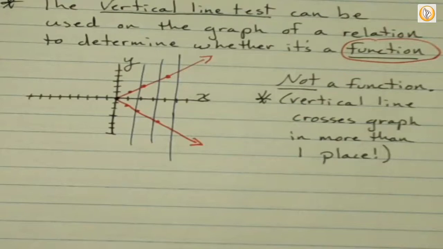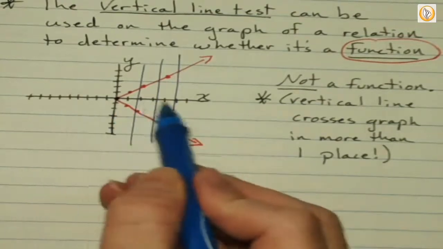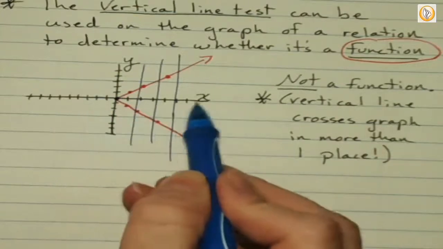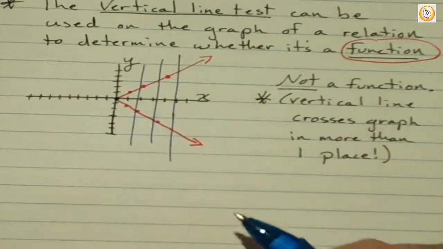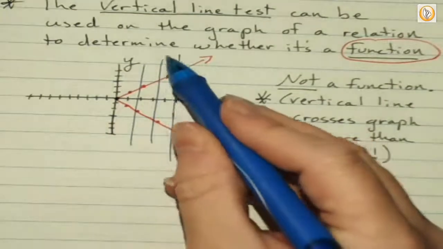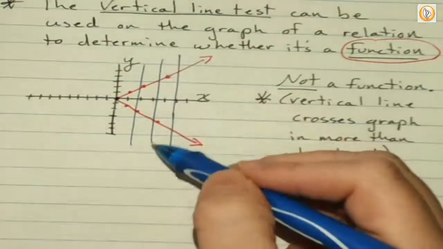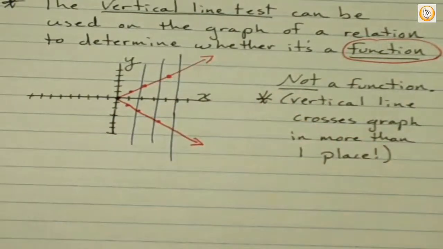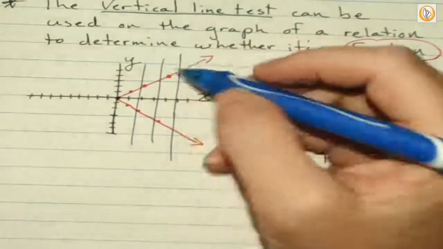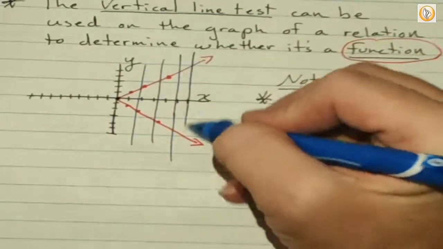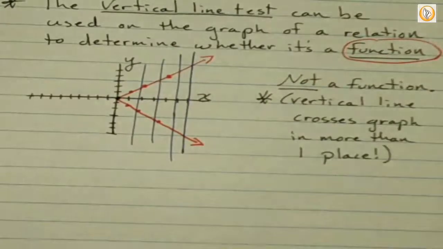Now, where students get confused is they'll consider the Cartesian plane as their graph. If I say, Michael, how many places did my vertical line cross my graph? Like 1, 2, 3, 4. How many times does this line cross my graph?